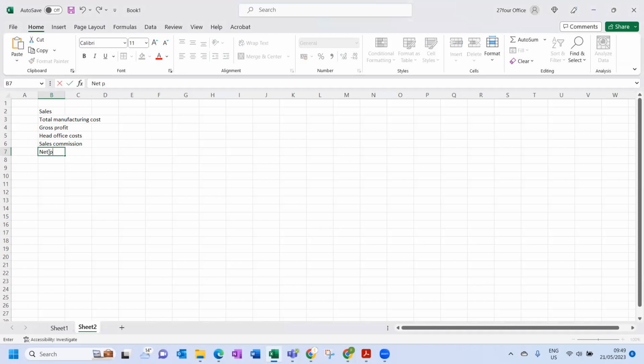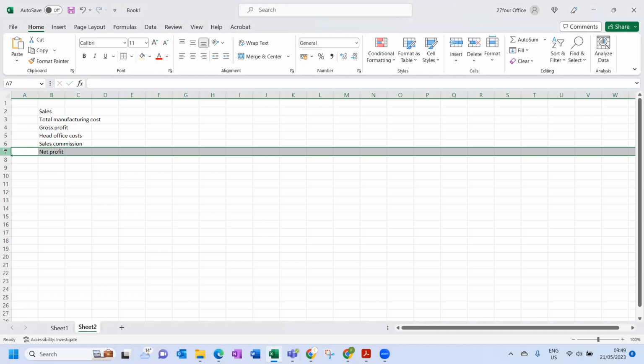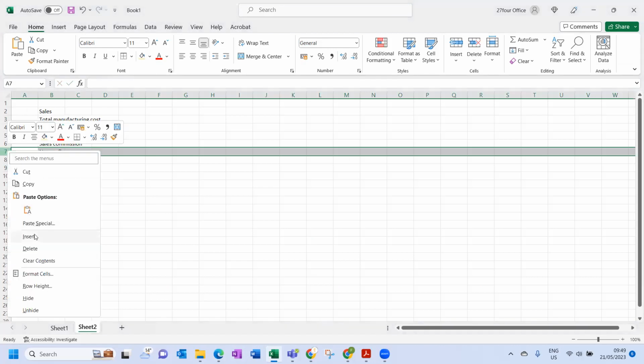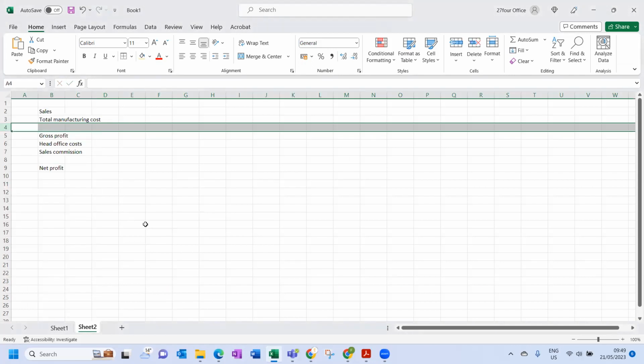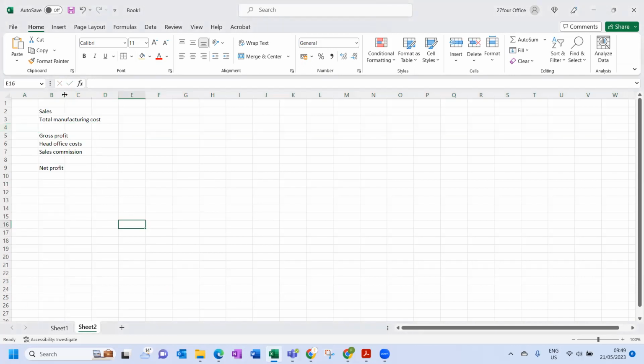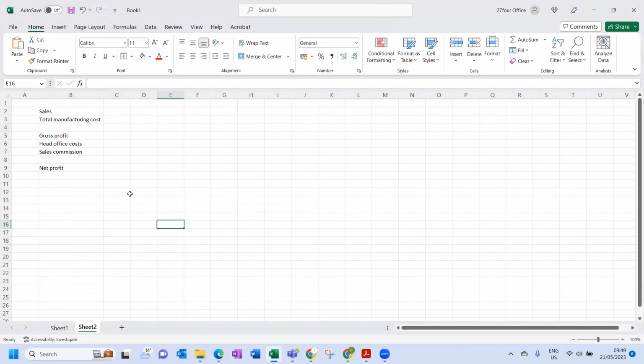Then I'm going to have net profit. Okay. So I'll just insert one line over here. So I'm going to create formulas. Okay, so that is basically my setup.